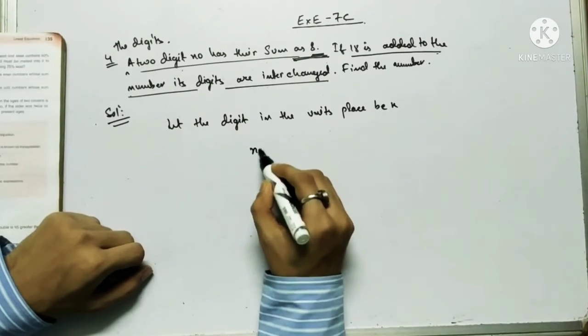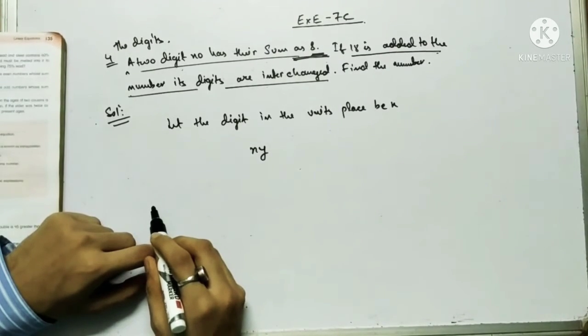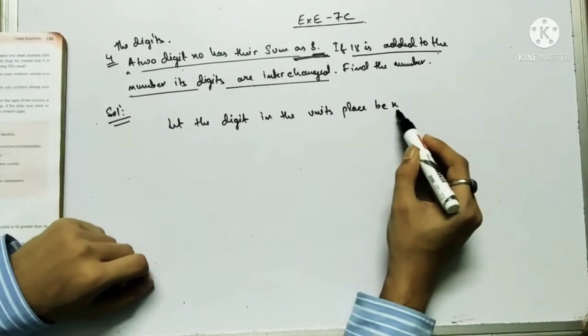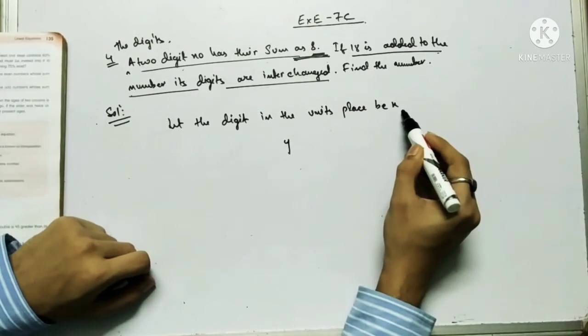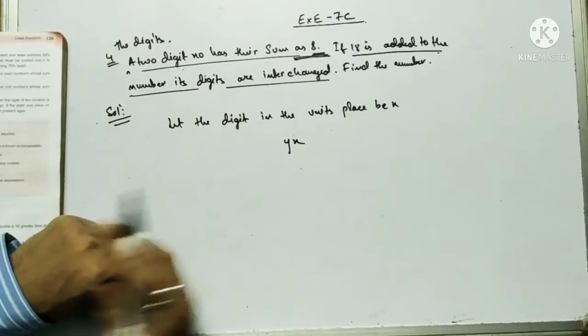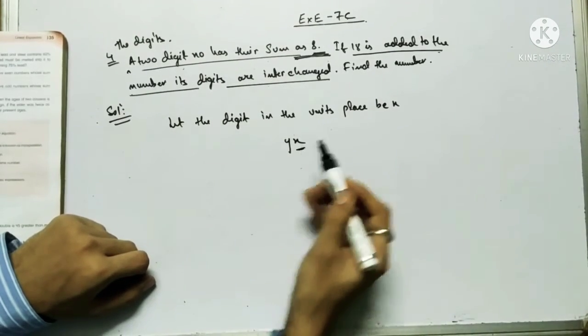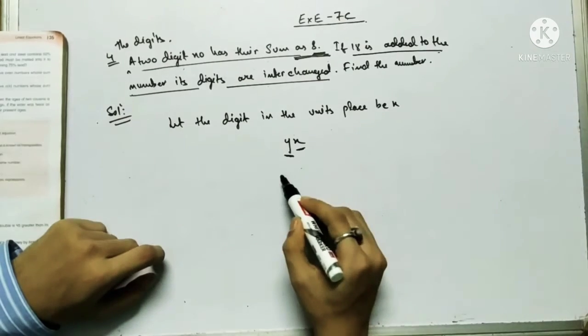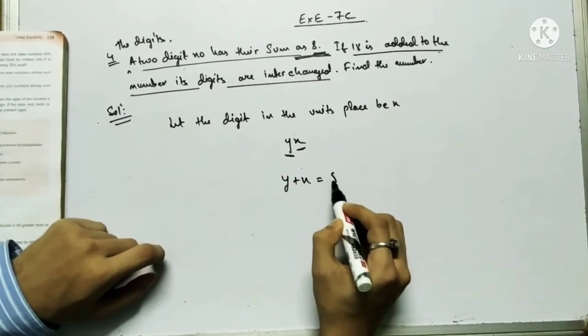Let's say the two-digit number is yx, since the digit in the units place I have taken as x. The digit in the units place is x and the digit in the tens place is y. And it is given that y plus x equals 8.